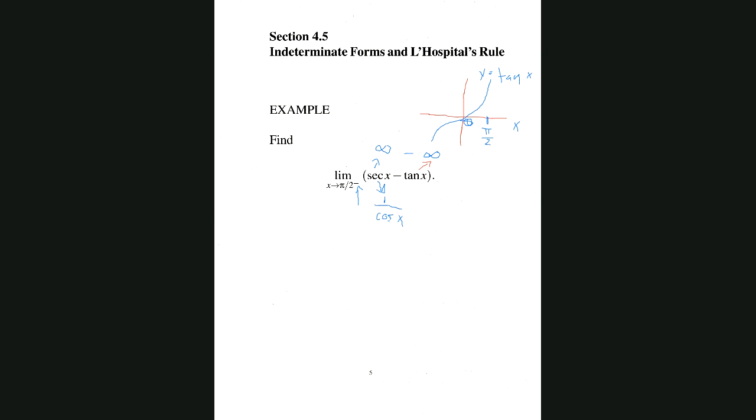But is this function, secant of x minus tangent x, in the right form to use L'Hopital's rule? No. L'Hopital's rule requires us to work with indeterminate forms of 0 over 0 or infinity over infinity. And so we're going to have to do something here.